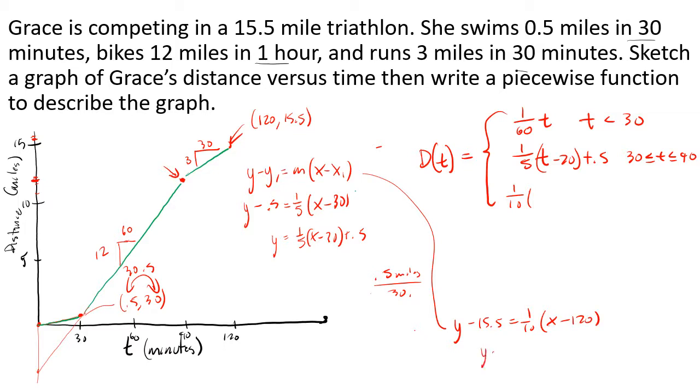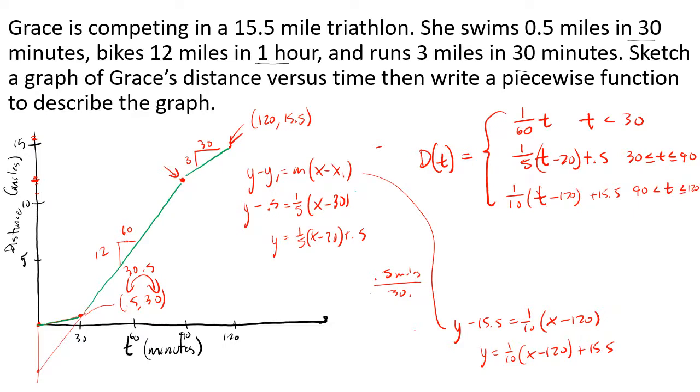So y will equal 1/10 times x minus 120 plus 15.5. So we write that, but it's t, right? But minus 120 plus 15.5, and this is for values of t that are greater than 90 but less than 120, because she ends at 120.